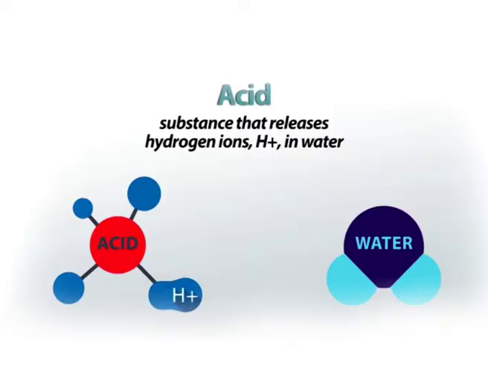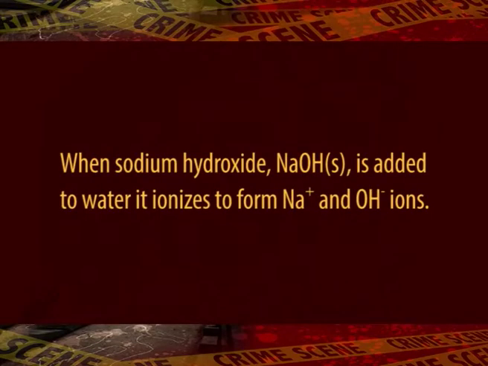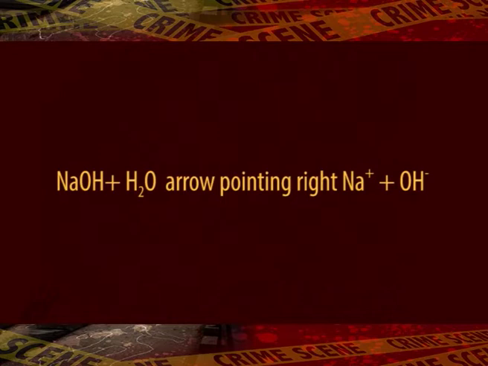HCl is an acid because when it is dissolved in water, it ionizes, producing H plus ion in solution. Any other compound which similarly produces H plus ion when added to water is also an Arrhenius acid. Example for alkali: when sodium hydroxide, NaOH, is added to water, it ionizes to form Na plus and OH minus ion. That is, NaOH plus H2O will give Na plus and OH minus ion.